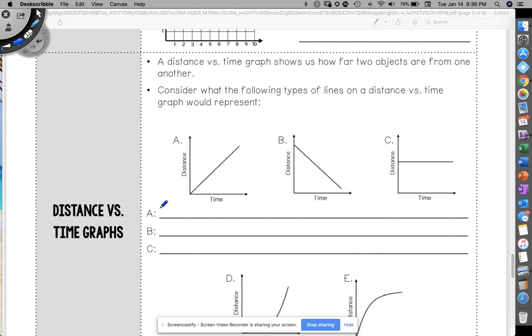So we're going to say an object moving away at a constant speed.